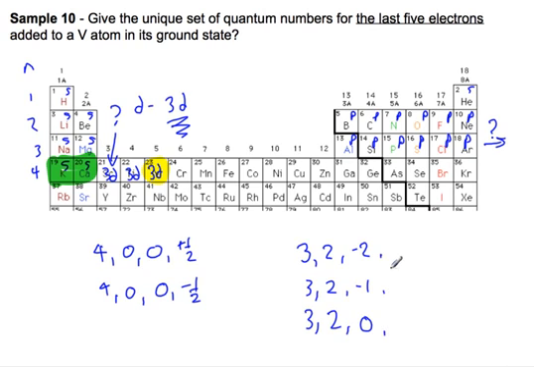I have 3 electrons only in the d subshell, so there's my 3, each one in a different orbital, minus 2, minus 1, 0. And I have parallel spins, so I add my last quantum number, the spin quantum number. And that's parallel spins. So that would be the set of 5 quantum numbers for vanadium. And that concludes this video on quantum numbers.